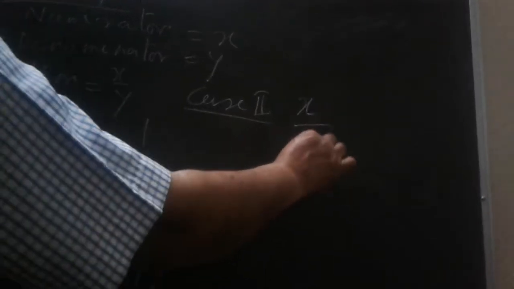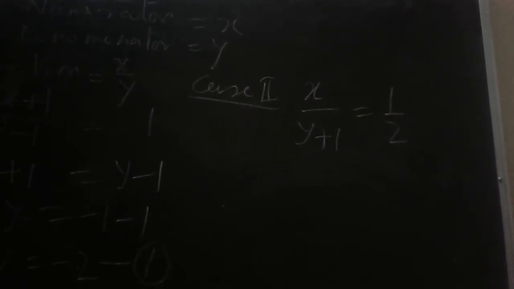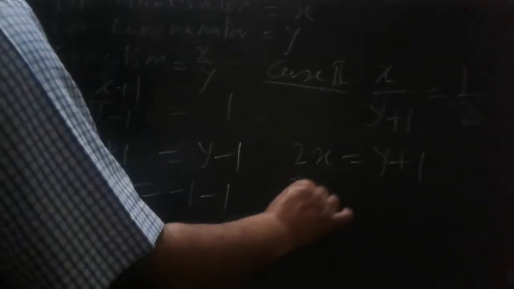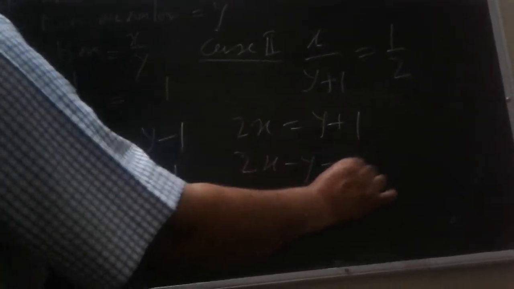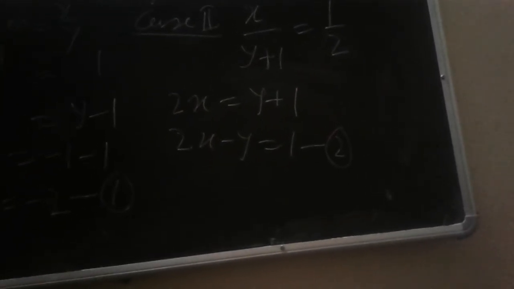The numerator will remain the same according to the condition, and 1 is added to the denominator and the fraction becomes 1 upon 2. Now we make the equation 2x is equal to y plus 1, 2x minus y equals 1, and then we obtain the second equation. In this way we have a pair of linear equations.